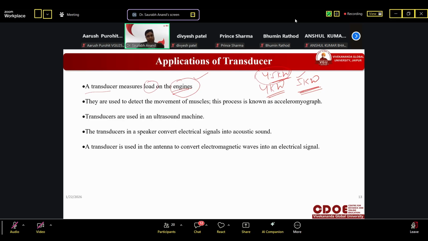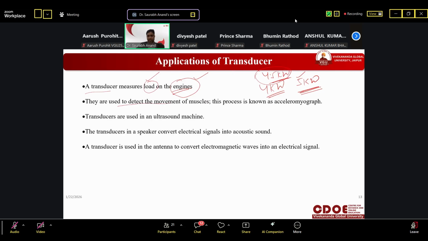So transducer is actually sensing the load and showing through the meter. Because we cannot understand whatever the load is there, so we can see in the meter what is the speed of your car or bike. How can you get that? Through the meter. Okay, so we have the meters to measure or to see the load on the engine.